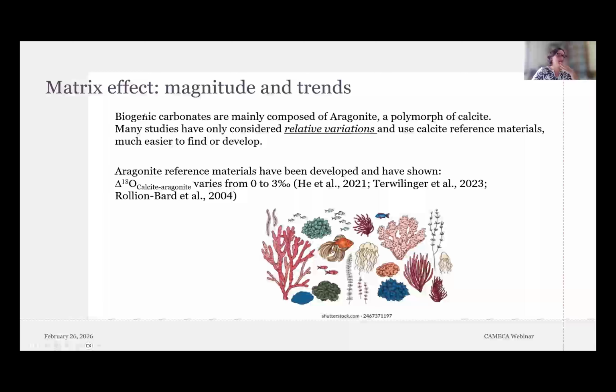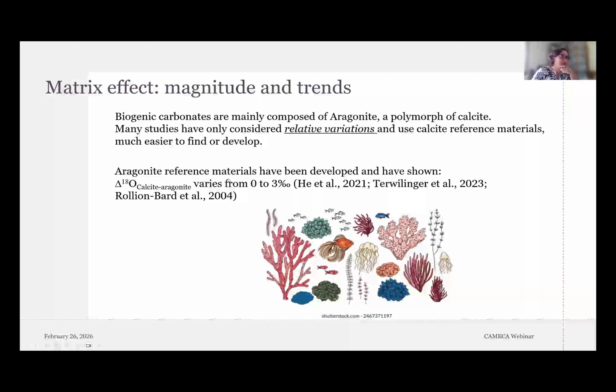And for a long time, it was hard to actually develop a reference material for aragonite just because it's hard to find a homogeneous mineral. And so many studies have, in that case, considered relative variation. And that's also a way we can deal with this matrix effect.